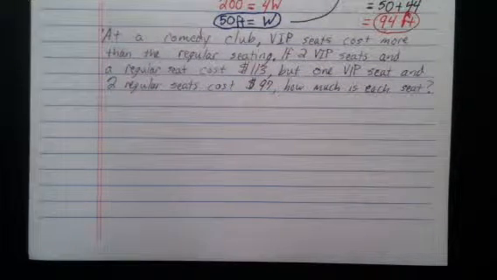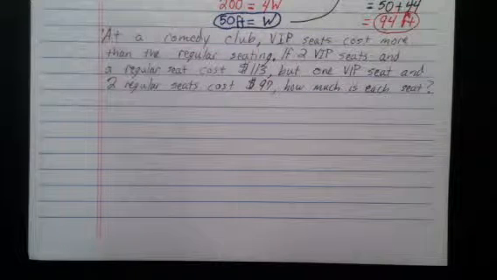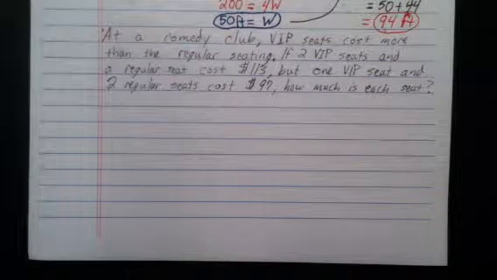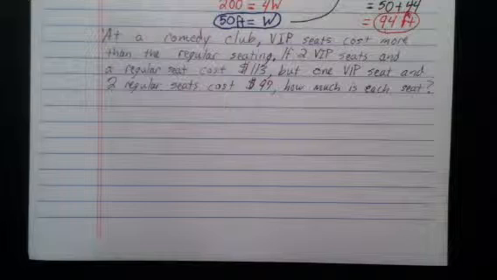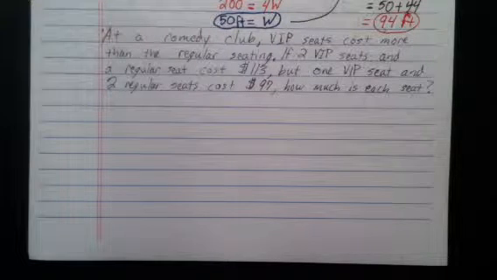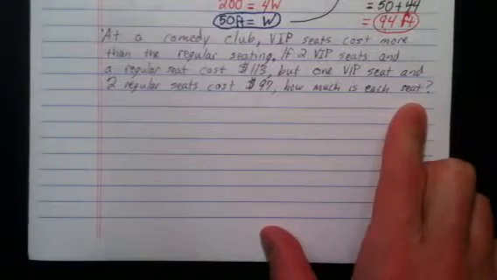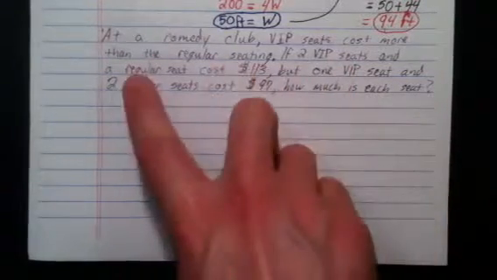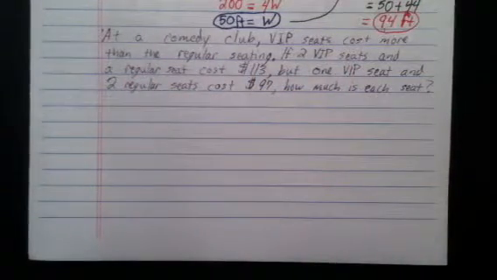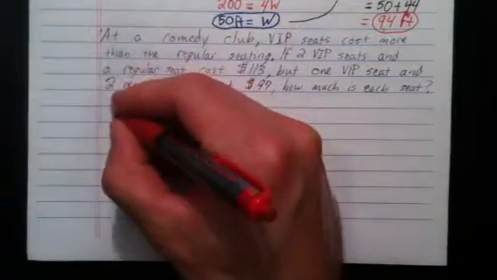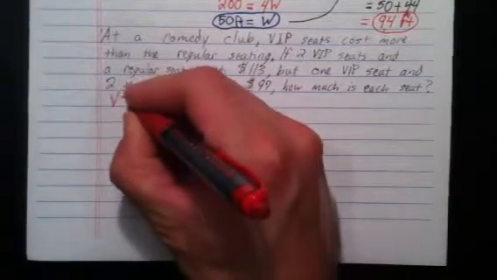So in a problem like this, whatever we're trying to find, that's what we want to use a variable to represent. Okay, so since we're trying to find how much is the price of each seat, we want to see how much a VIP seat is and how much a regular seat is. So I would suggest using the variables V for VIP.